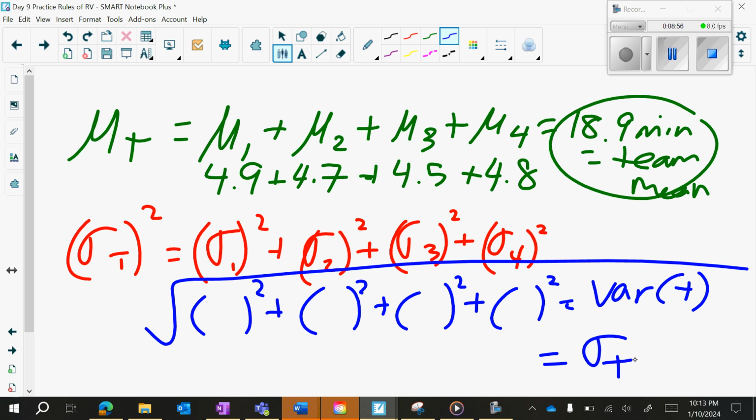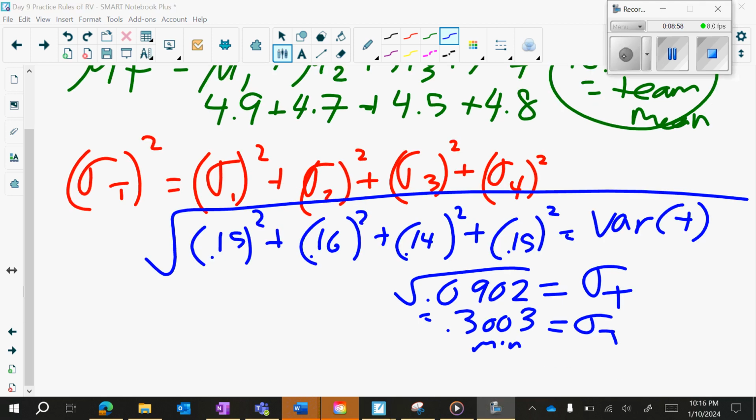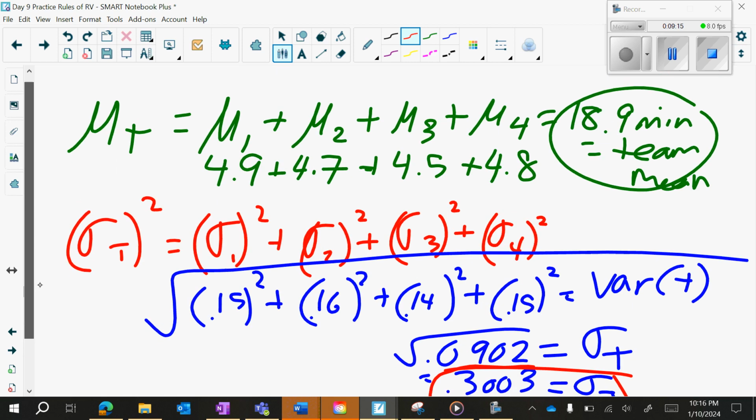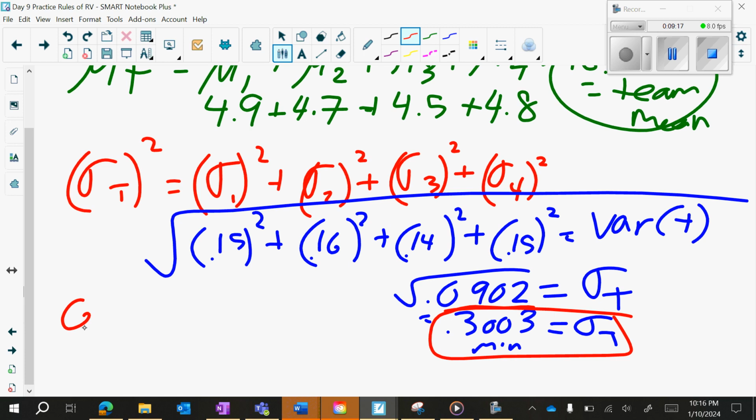So do that now. Okay, so I added them all up and I squared each one individually to get the variance of runner 1 plus runner 2 plus runner 3 plus runner 4. And I ended up getting this 0.0902, and then I took the square root of that, and that was my standard deviation. So now I have the center of the team and the spread of the team.